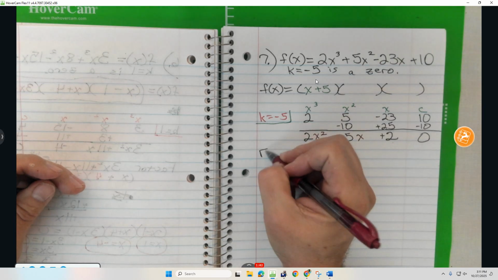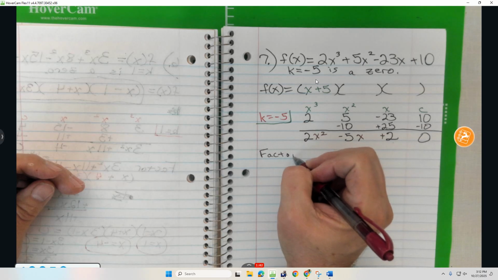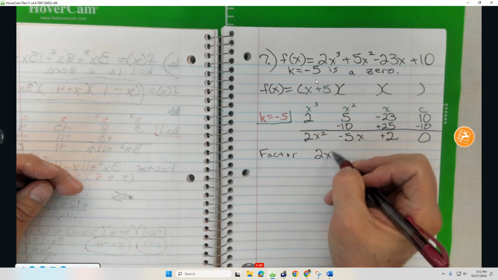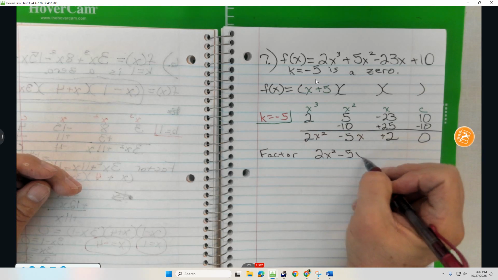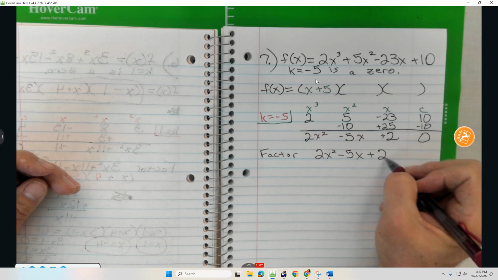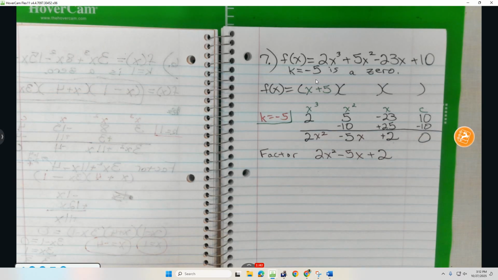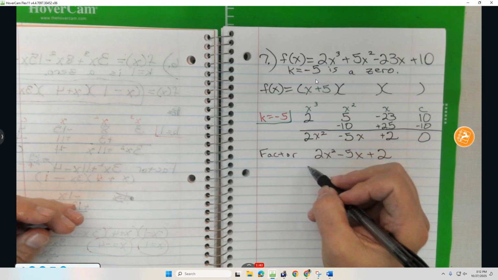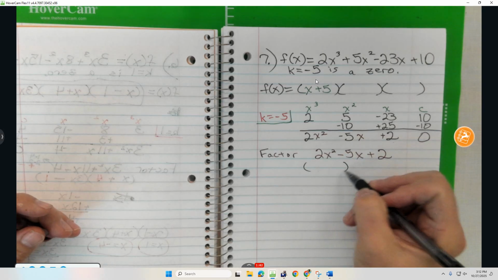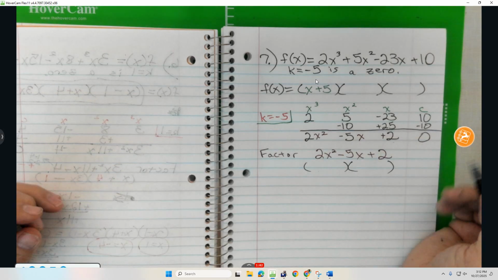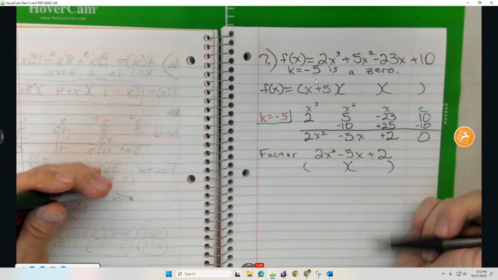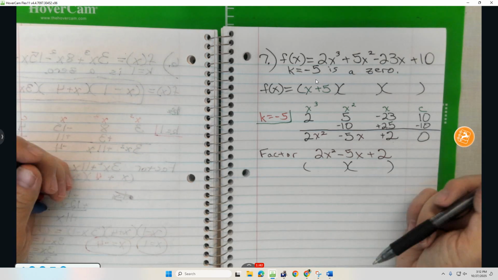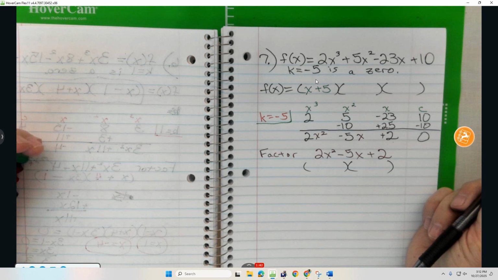We now need to factor 2x squared minus 5x plus 2. I'll write my 2 sets of parentheses. I like the signs here. What are the signs going to be inside these parentheses?